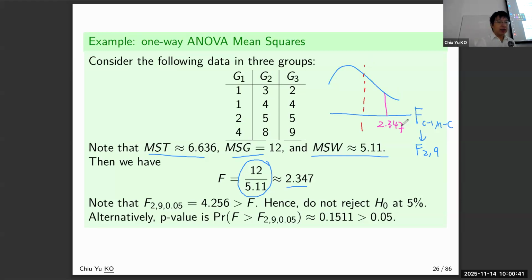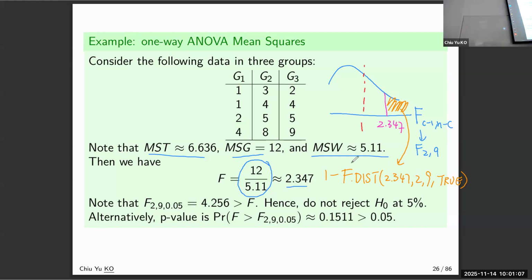So the easiest way is to look at this area, right? And this area would be simply 1 minus F of 2.34729. And remember, you don't need to do times 2 because this is not a two tail, it's a one tail.